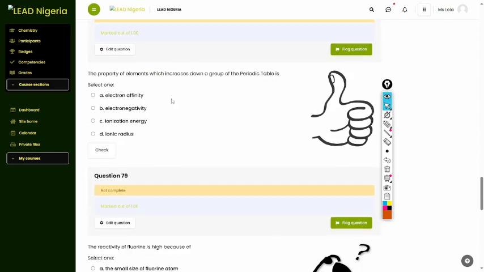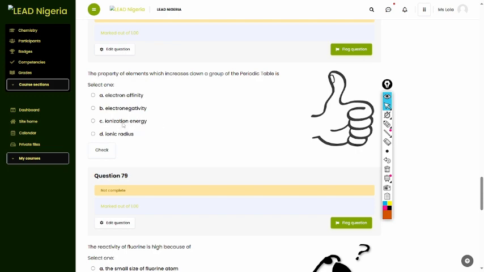The property of elements which increases down a group of the periodic table is... So which of these increases down a group? Now, electron affinity, which is the energy released when an atom gains an electron, increases across the period and decreases down the group. Electronegativity, which describes the ability of an atom to attract electrons to itself, increases across the period and decreases down the group.